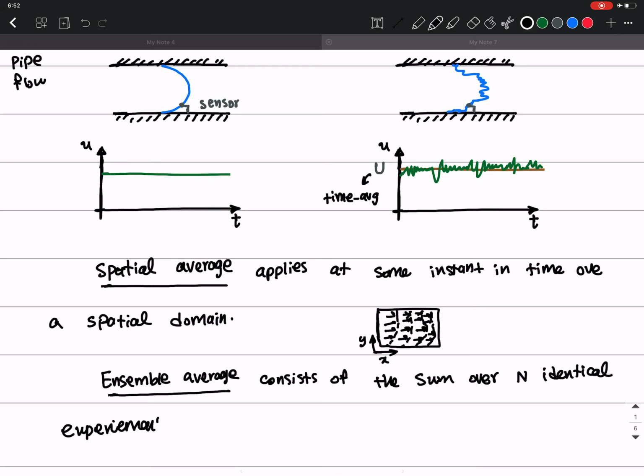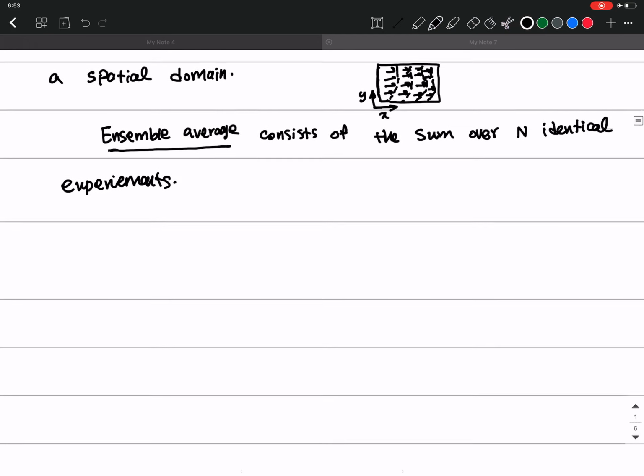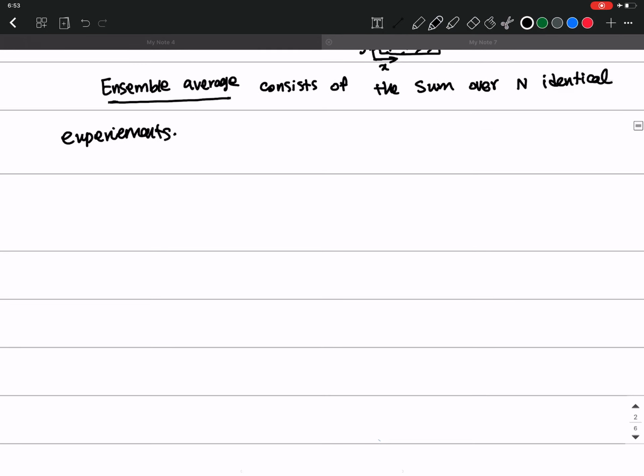What this means is that you do the same experiment n times, and then you take the average of all your results for those n identical experiments. And that's called ensemble averaging. When we talk about ensemble averaging, and that's what we usually do in turbulence studies, that means just averaging over n identical experiments, okay?